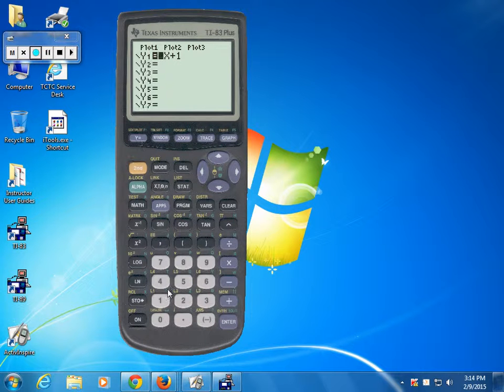Always go back to your parent graph, 1 divided by parentheses x close parentheses, and I'll make the next one dark, and that'd be negative parentheses 1 divided by x close parentheses. There's that graph, and then the other one is you basically turn it this way.